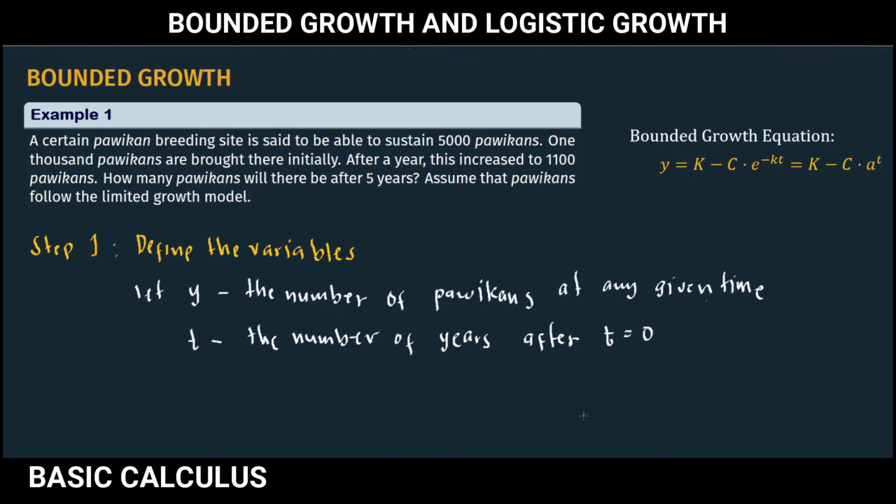So that's our variables: y is the number of pewees at any given time, and t is the number of years after t is equal to 0, or after the initial time.